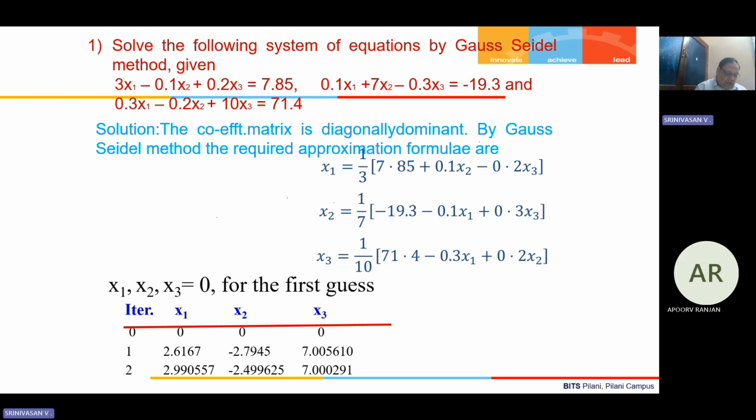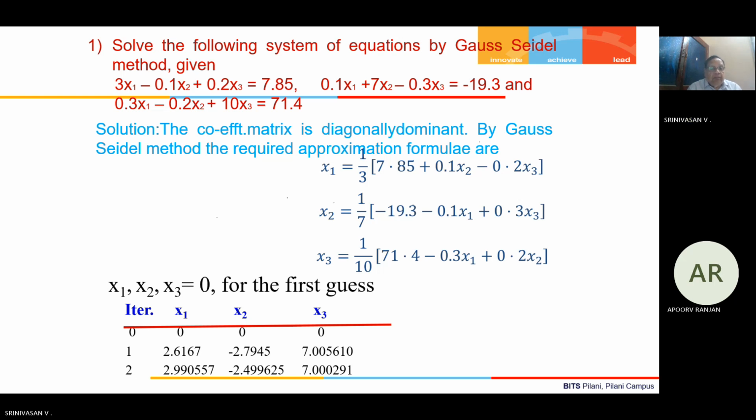So you have 10.4. If you want to get 7.85, you must get x2 as a positive value, isn't it?